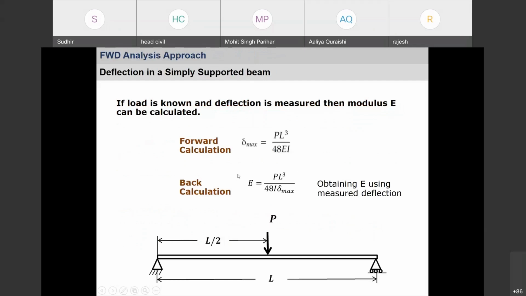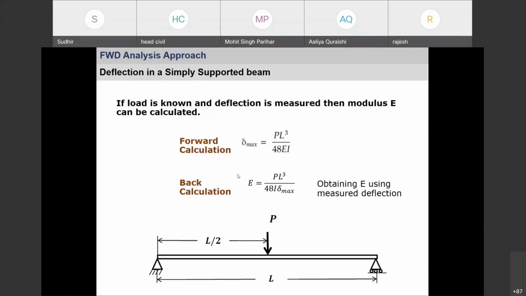So let's try to understand the principle behind the falling weight deflectometer. To understand it, let's look at a simply supported beam.